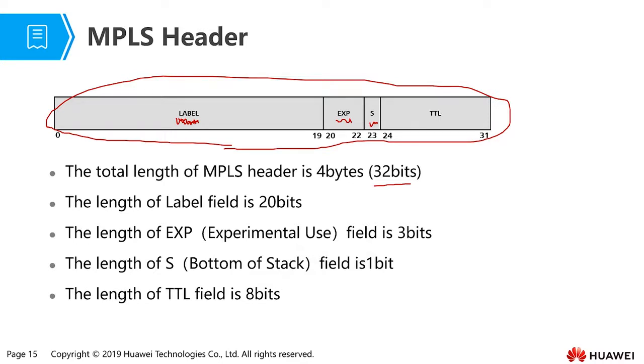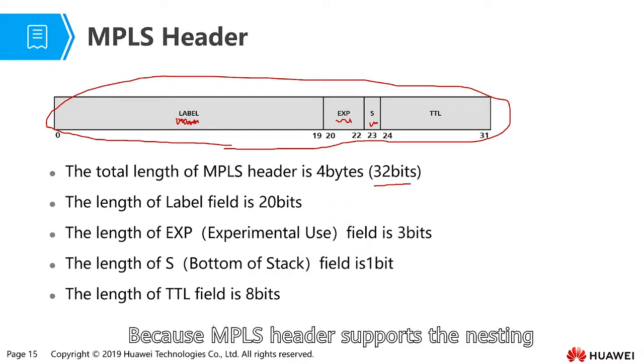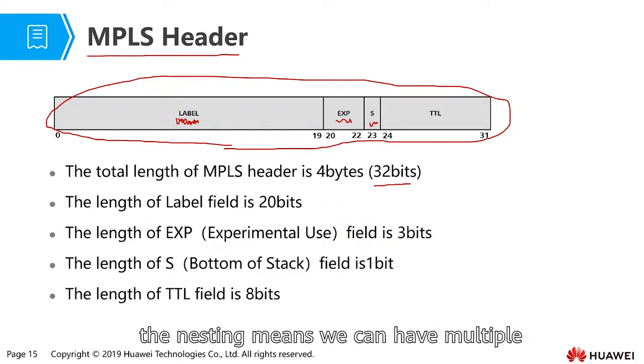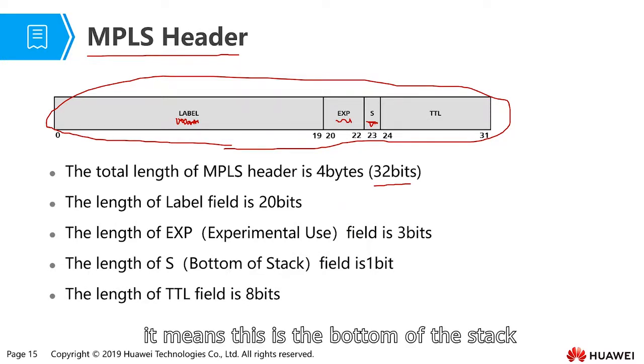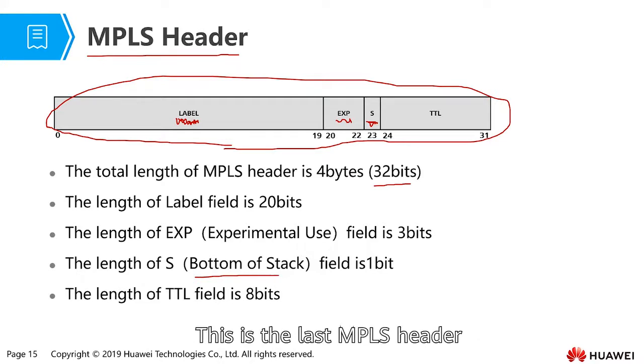Bottom of the stack, because the MPLS header supports nesting. Nesting means we can have multiple MPLS headers, multiple labels. So how can we know this header is the bottom of the stack? We can check the S. If the S is 1, it means this is the bottom of the stack, the last MPLS header.